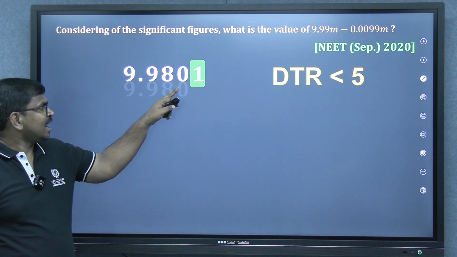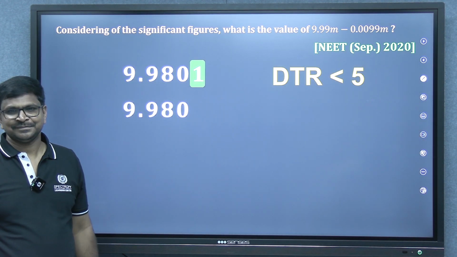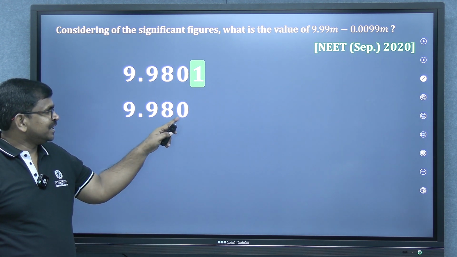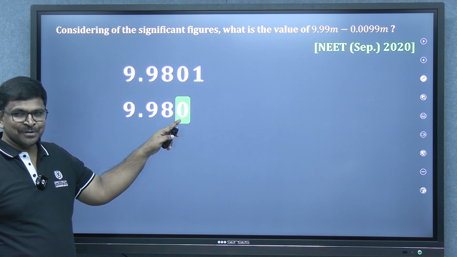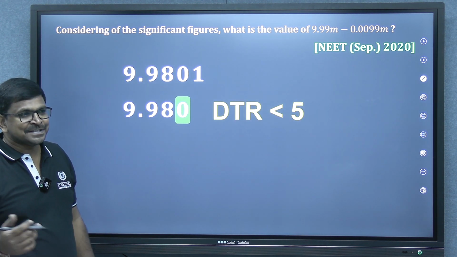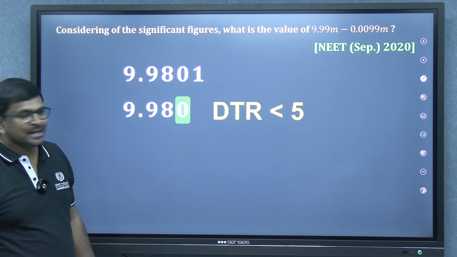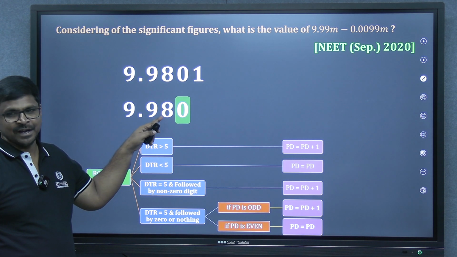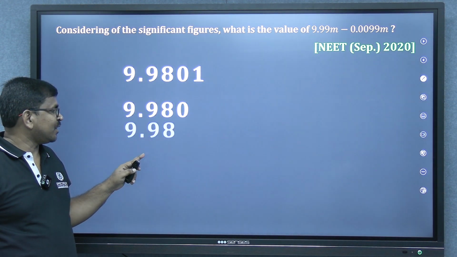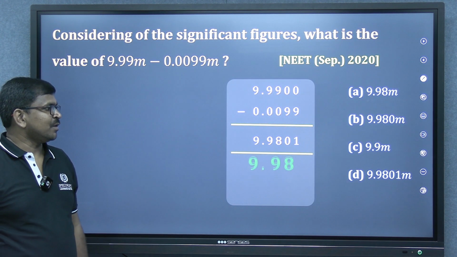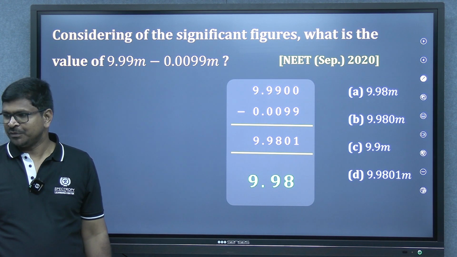It will remain 0. Now, what is the DTR? 0, which is less than 5, so PD remains the same. What is PD? 8. So our answer is 9.98 after rounding off.